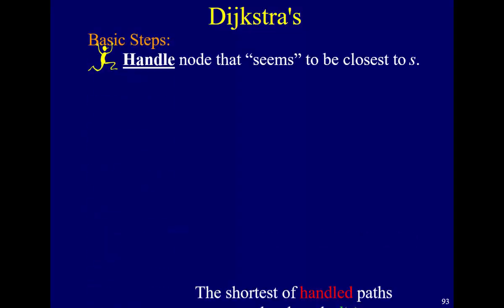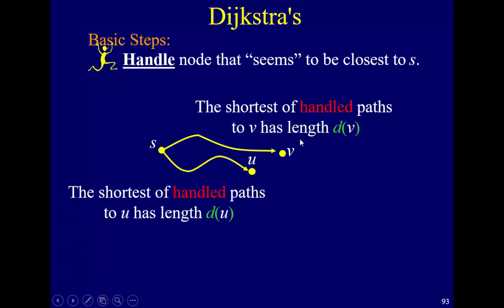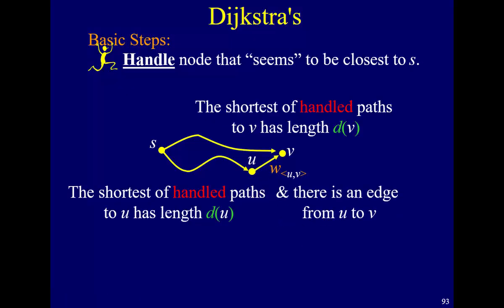What's our update? We handled the node that seems closest to S, so the shortest handled path to it. Of these nodes, we have a shortest handled path to V, we have the shortest handled path to U. We see which one has the smallest d value.